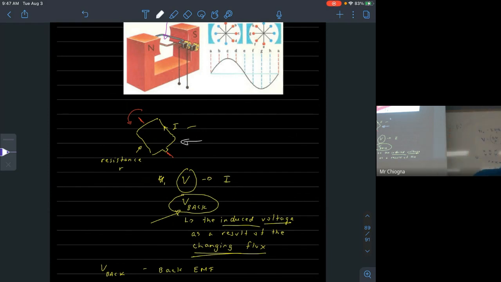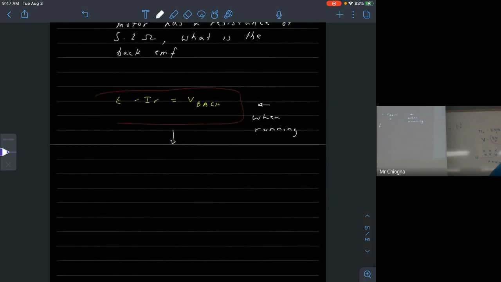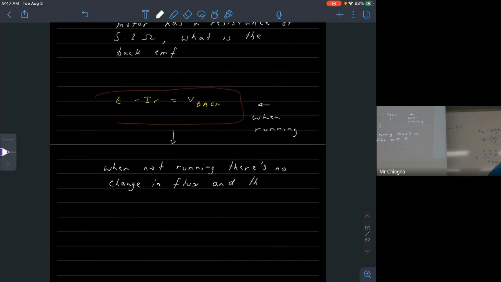If there's no change in flux, so when not running, there's no change in flux, and therefore no V back.